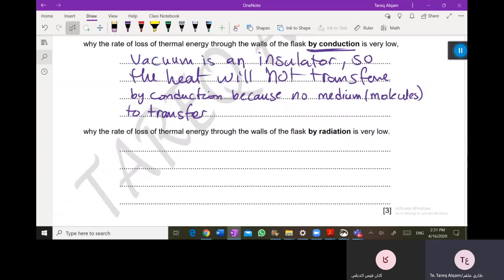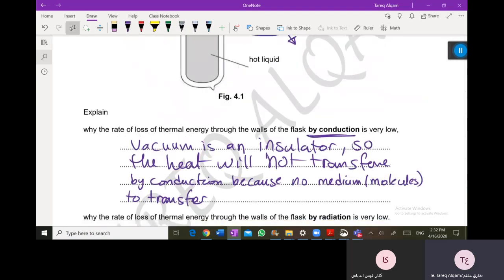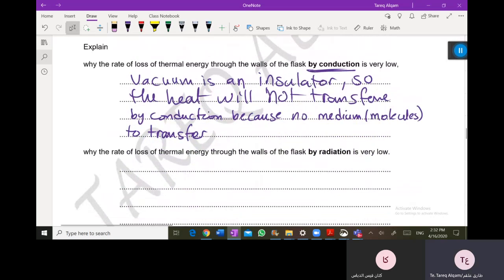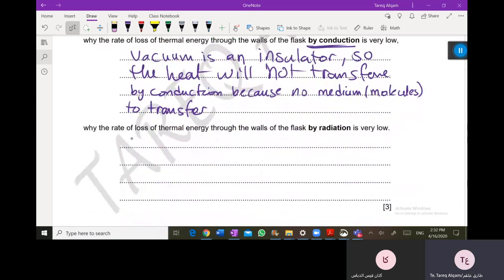Now, why is the rate of loss of thermal energy through the walls of the flask by radiation very low? Because you know that it's coated by silver, right? Shiny silver is a bad absorber and emitter.